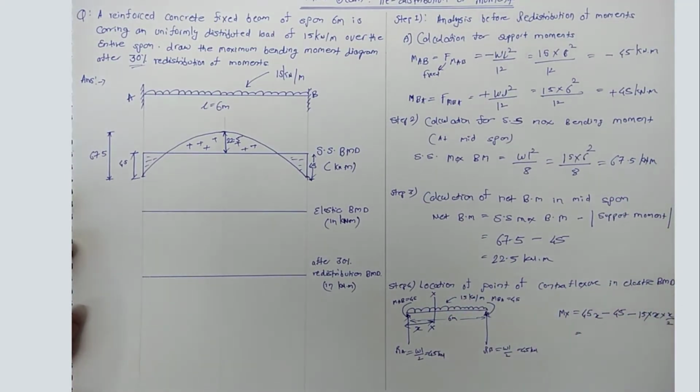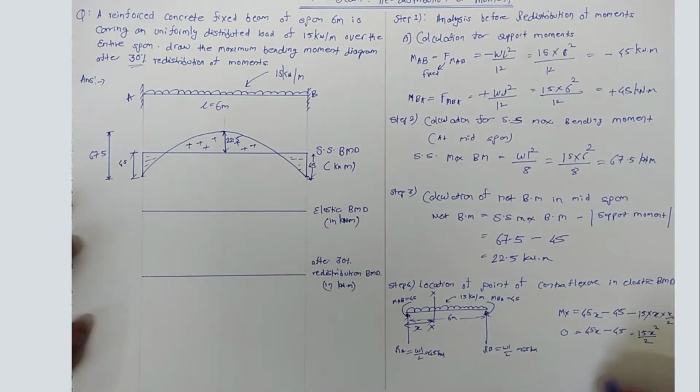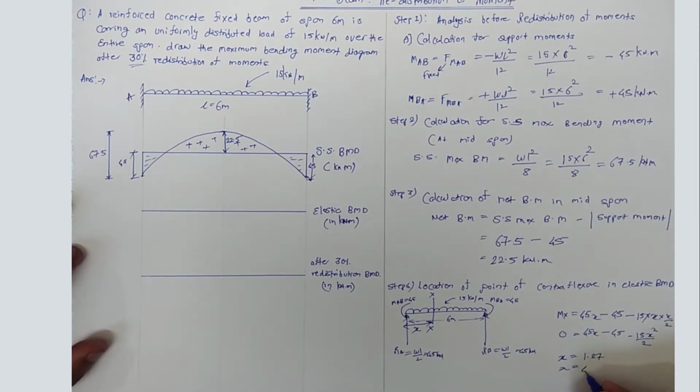So it will be 45x minus 45 minus 15x square by 2. And the moment at this section will be 0, since we are taking it at that point only. By this quadratic equation, we will get two values of x. One, by solving, is 1.27, and the second will be 4.73. You can calculate. You have to choose the minimum value, neglecting the higher value.